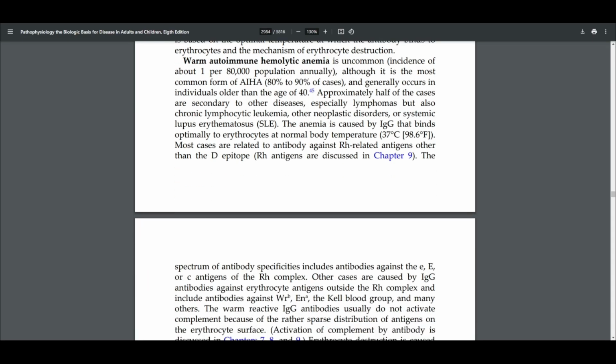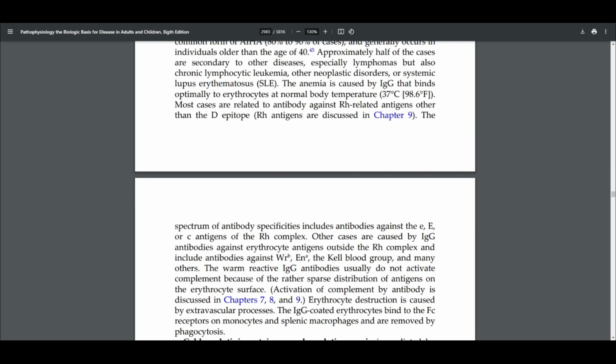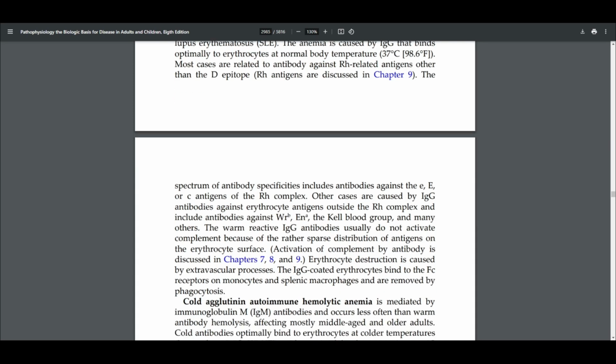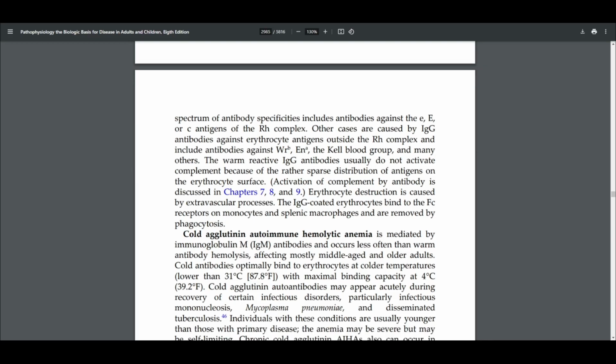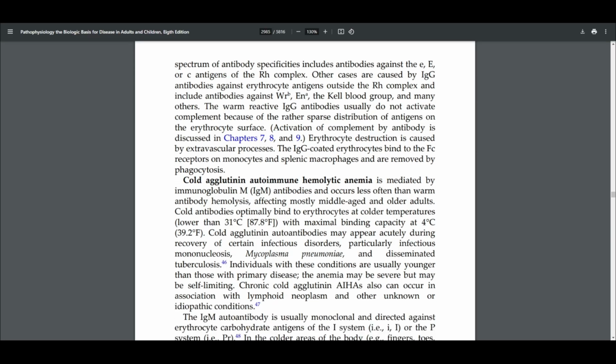The spectrum of antibody specificity includes antibodies against the E or C antigens of the Rh complex. Other cases are caused by IgG antibodies against erythrocyte antigens outside the Rh complex and include antibodies against WRB, ENA, and the KEL blood group, and many others.